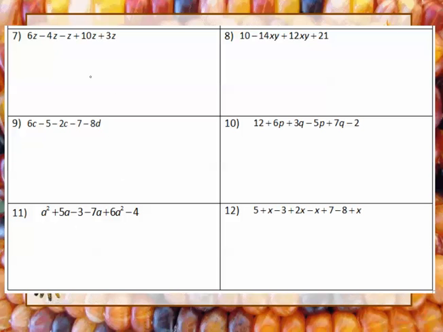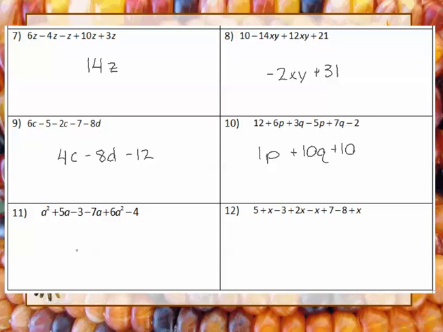So for number 7, you should have 14z. Number 8 should be negative 2xy plus 31. Number 9 should be 4c minus 8d minus 12. Number 10 should be 1p plus 10q plus 10.